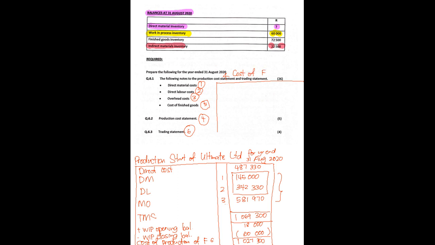So your cost of your finished goods then starts off with your opening balance of your finished goods. So opening balance of finished goods. You add on the last item from your production statement, which is the cost of production of your finished goods.